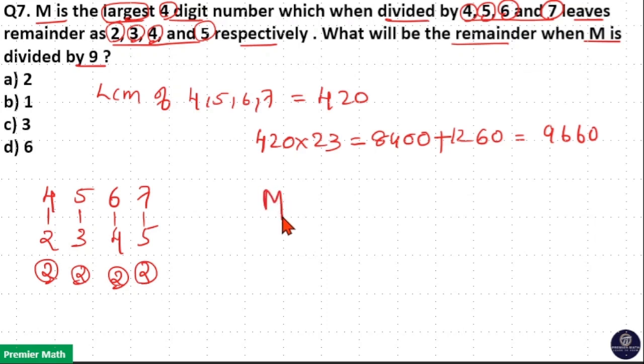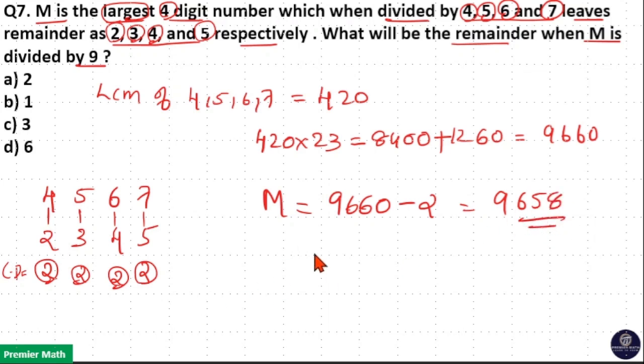Now we need to subtract 2 from this 9660. So, M is equal to 9660 minus 2, because the common difference is 2, which is equal to 9658. So, M is 9658. Now, when you divide M by 9, we need to find the remainder.